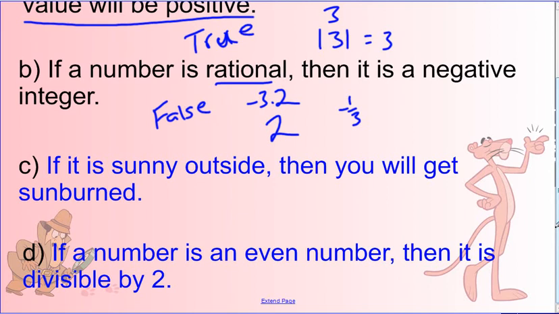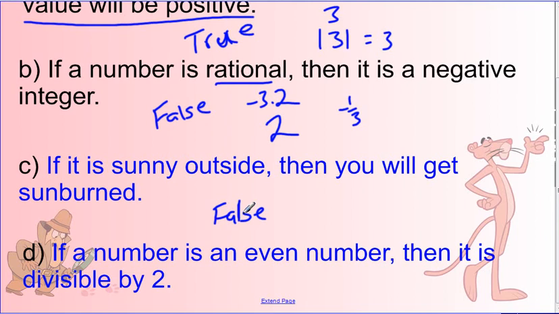Okay, so let's see. Letter C says, if it is sunny outside, then you will get sunburned. Okay, well, if it's sunny outside, you will get sunburned. Is that always true? No. I mean, some people watching may not really ever get sunburned.